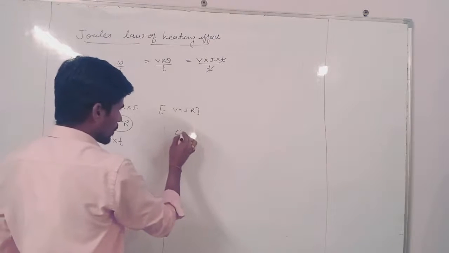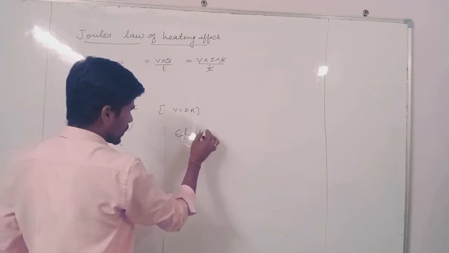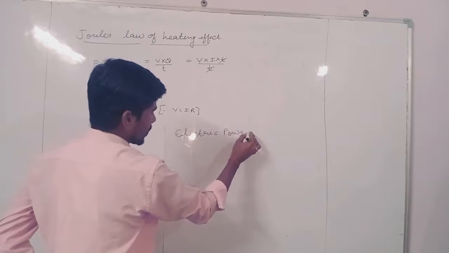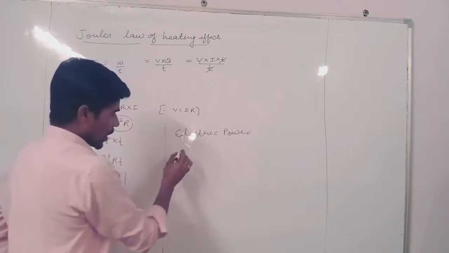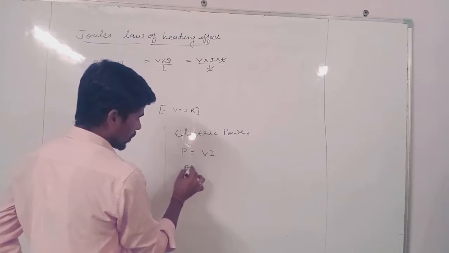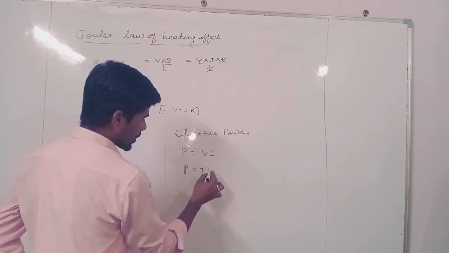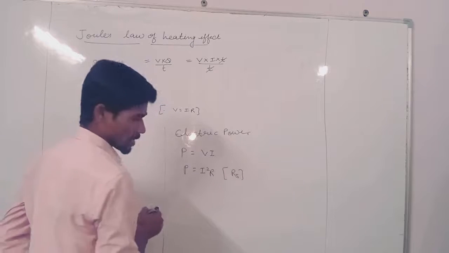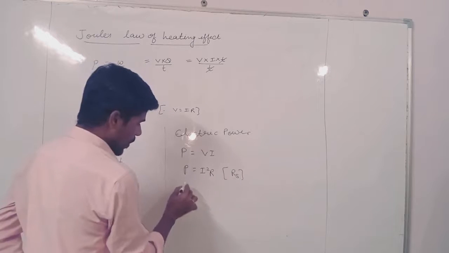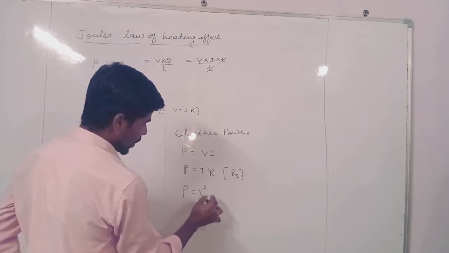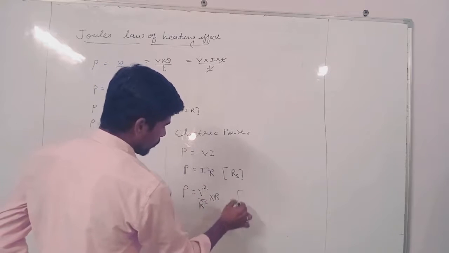What is electric power? So electric power is the rate of doing work, and power is equal to VI. Power is equal to, according to Ohm's law, I square R, where resistance in series. And power is equal to V square upon R, from where?